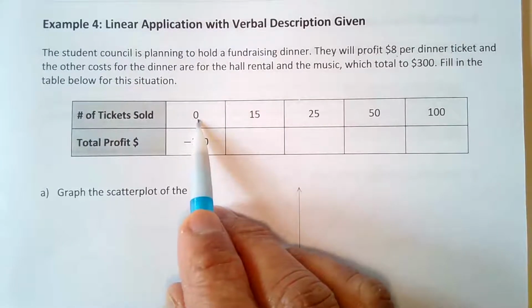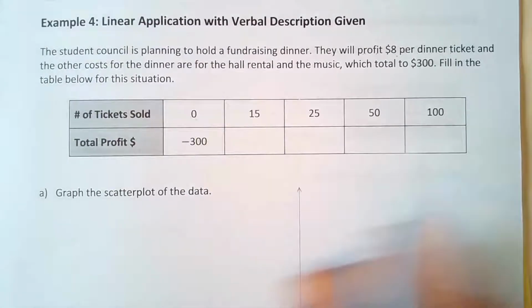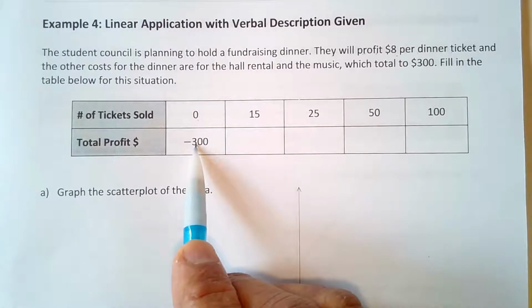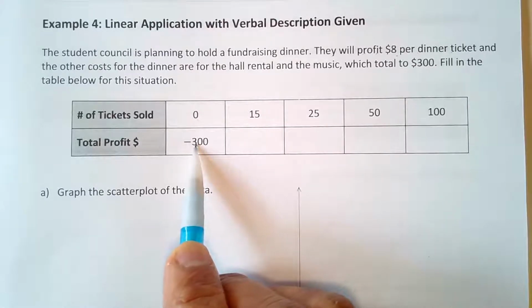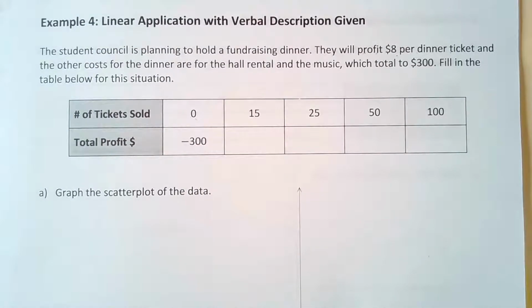So they sold no tickets, they have no profit, but they've already put $300 down for the rental hall and the music. Now, for 15 tickets, how much will the profit be?